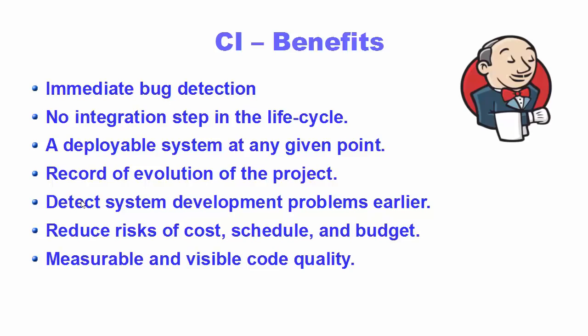The next benefit of a CI system is that it detects system development problems at a very early stage. Because you can run Jenkins repeatedly, for example when a developer checks in code using Git or Subversion or any versioning system, it's going to run every job which you have made.